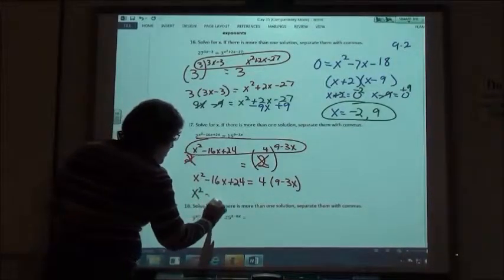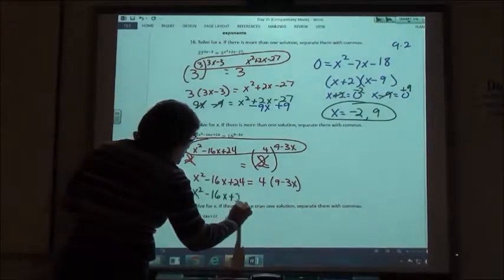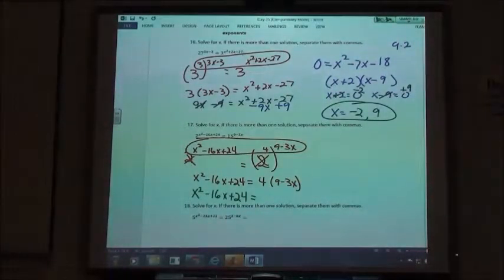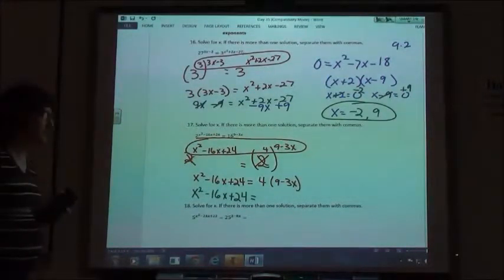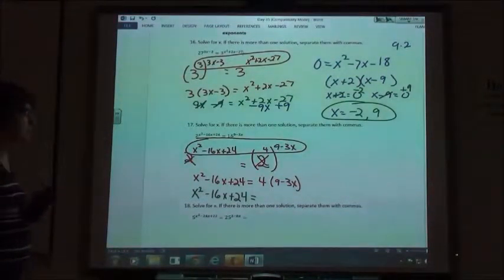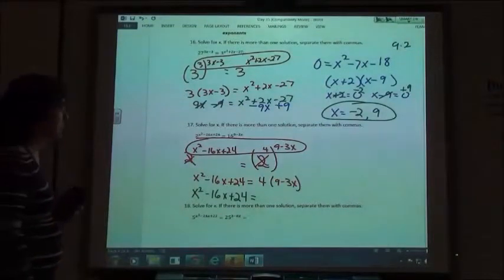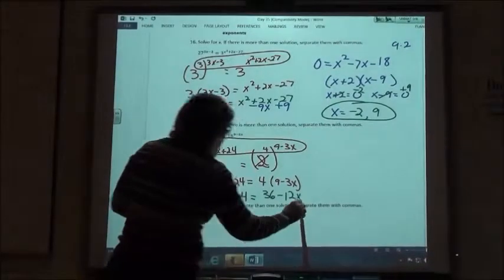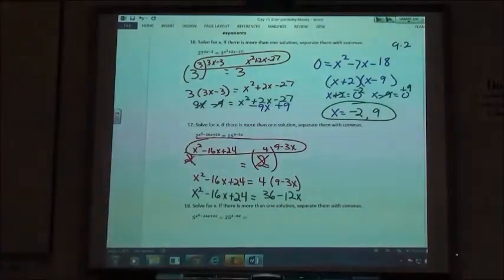So x squared minus 16x plus 24 is going to equal, and on the other side we have to multiply that out, right? Equal 36 minus 12x.